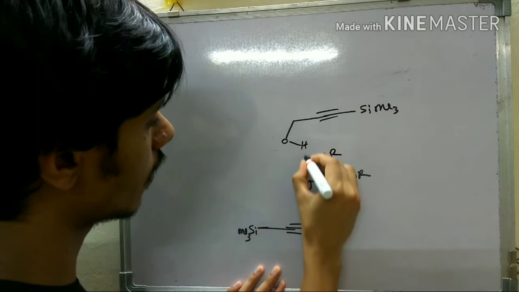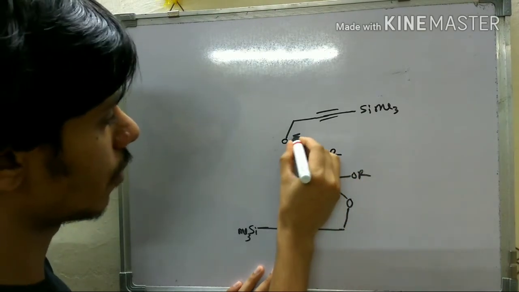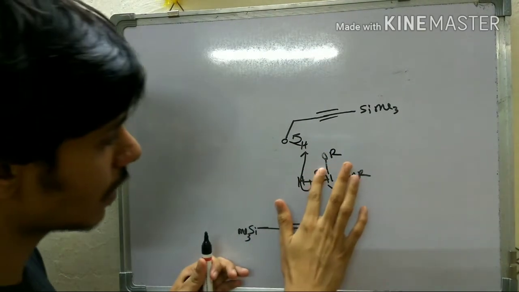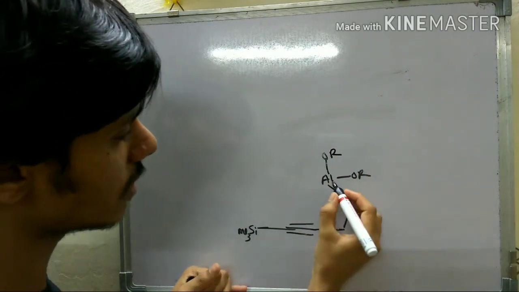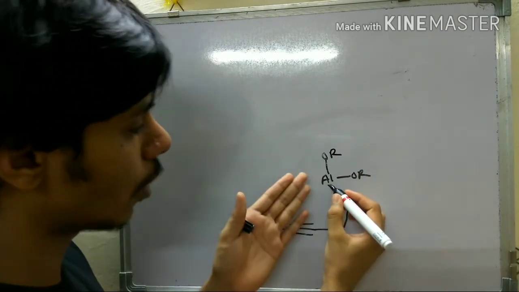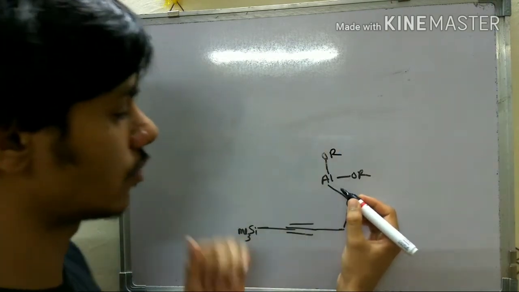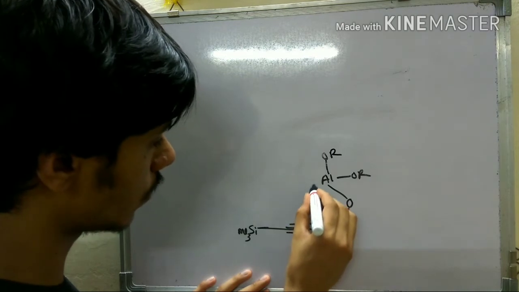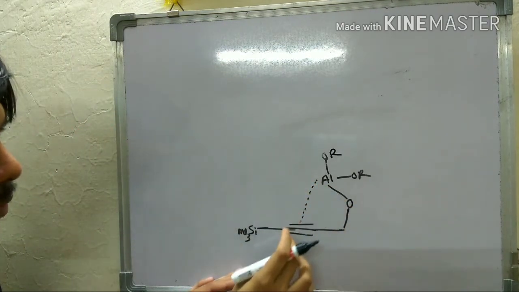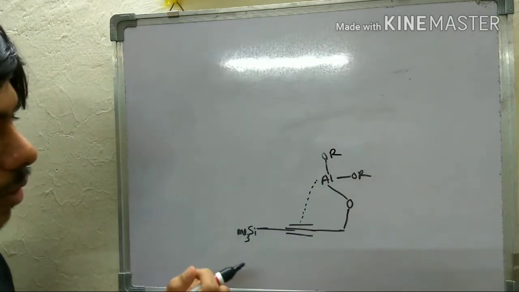So this hydride can again take one hydrogen from here. So basically in this step the negative charge has gone onto the aluminium, so it is now capable of accepting electron density. Next, this triple bond can coordinate with this aluminium, so you have this type of coordination with aluminium with this triple bond.